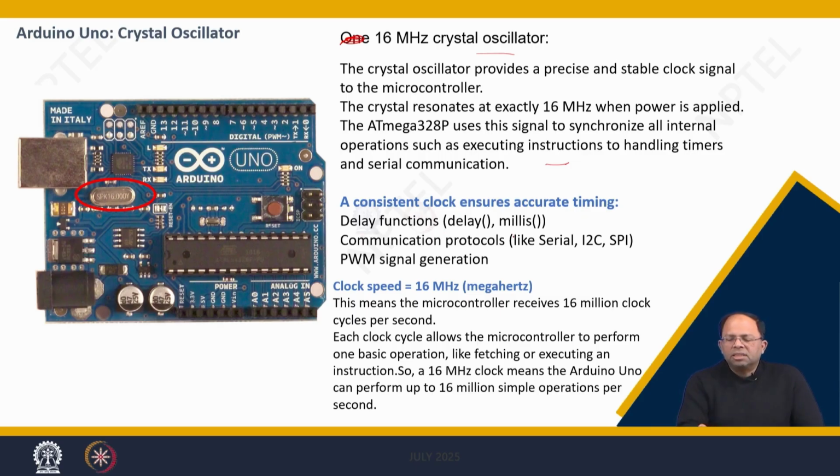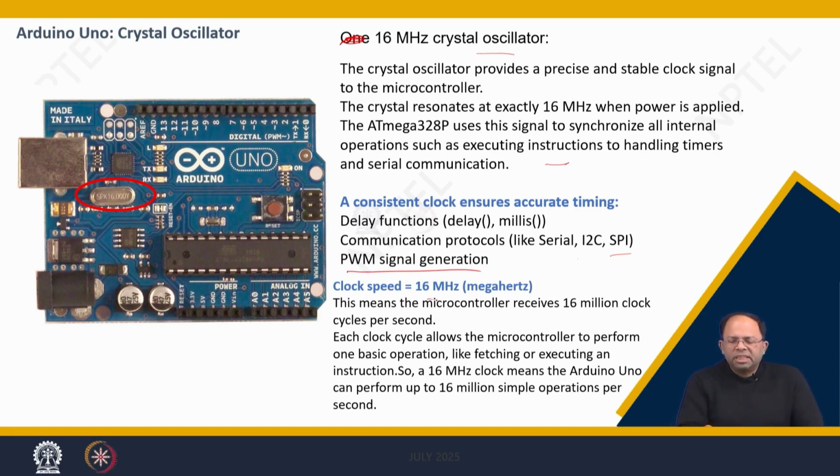We use the delay function or millis function to actually determine some time periods and so on. And the communication protocols, we will learn about this even after this, serial communication, I2C, SPI, all these communication protocols use that signal coming from the oscillator to determine the time gap between when signals are sent or not. Same with PWM signal generation as well.